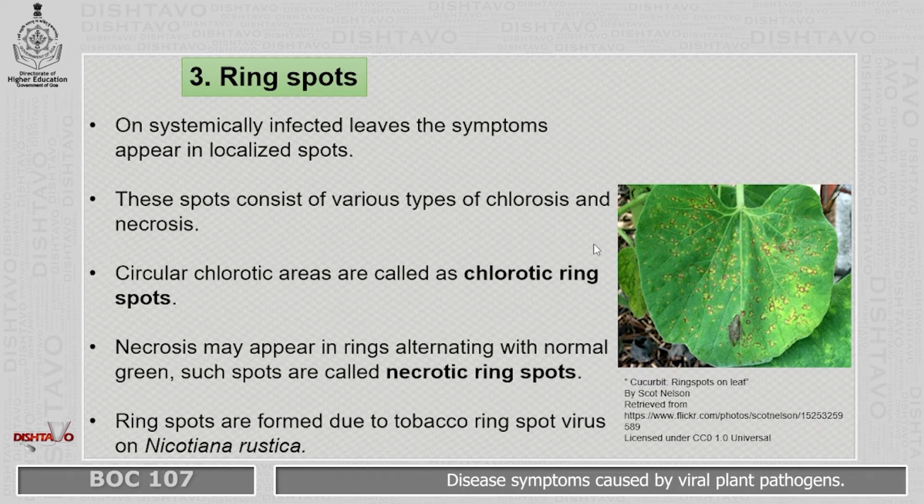Circular chlorotic areas are called chlorotic ring spots, whereas necrosis may appear in rings alternating with normal green. Such spots are called necrotic ring spots. Here again in this image you can see the brown ring on the leaf. Ring spots are formed due to tobacco ring spot virus on Nicotiana.